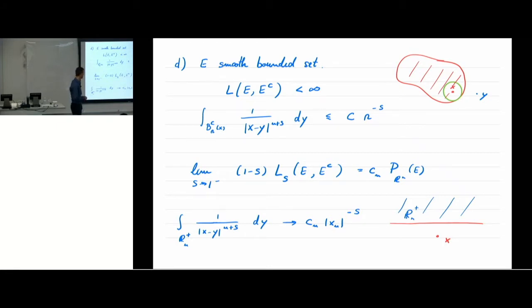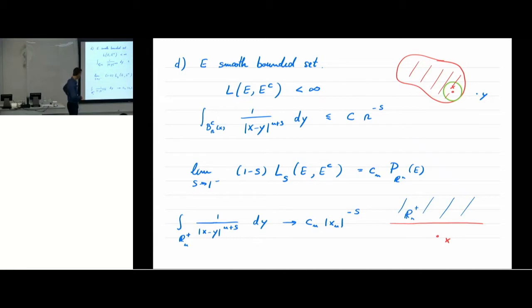And the reason for that is that when the power s tends to 1, this thing is non-integrable, but its main contribution comes when x is very close to the boundary. When x is very close to the boundary, the boundary looks essentially straight.